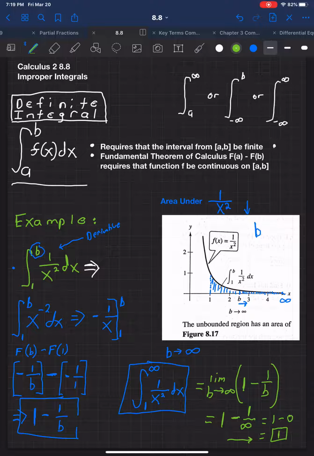And so what you're seeing is that these improper integrals really come down to simply looking at the limit. Okay, now we're going to use two terms in just a second. We're going to use the words converge or diverge, right? Does the area converge or does the area diverge? And we're going to define those in just a second. But let me go ahead and show you.